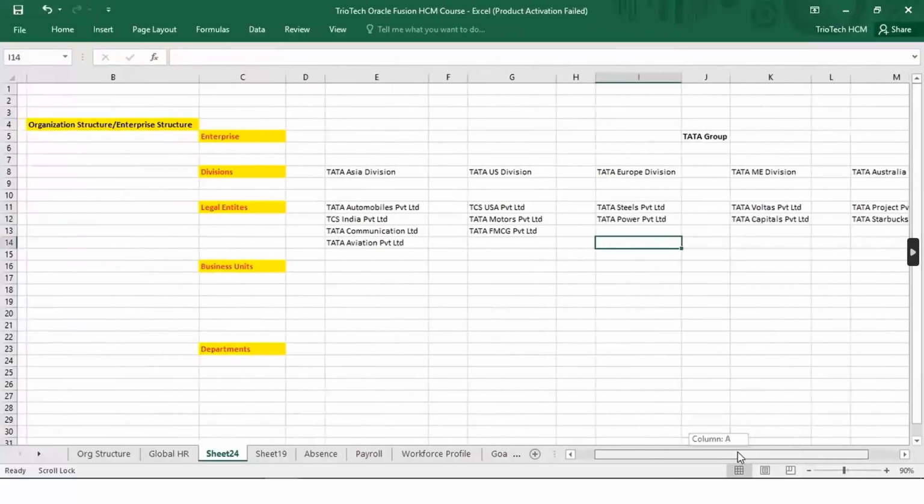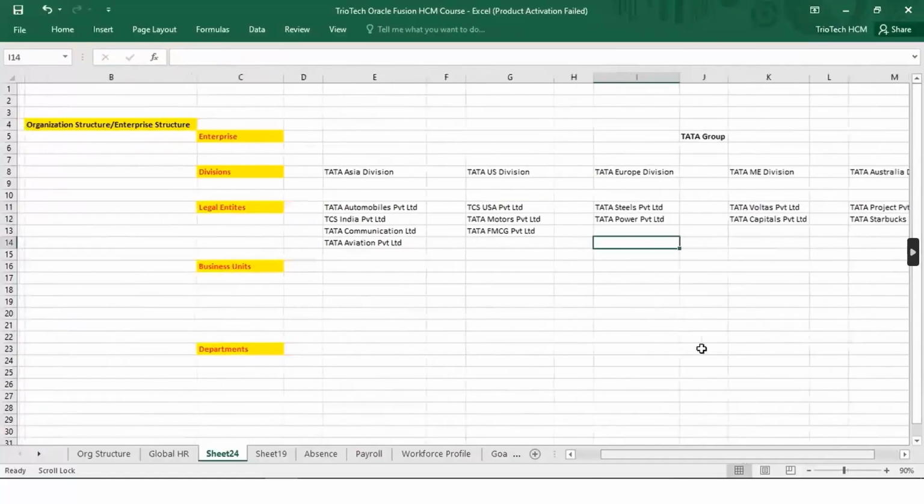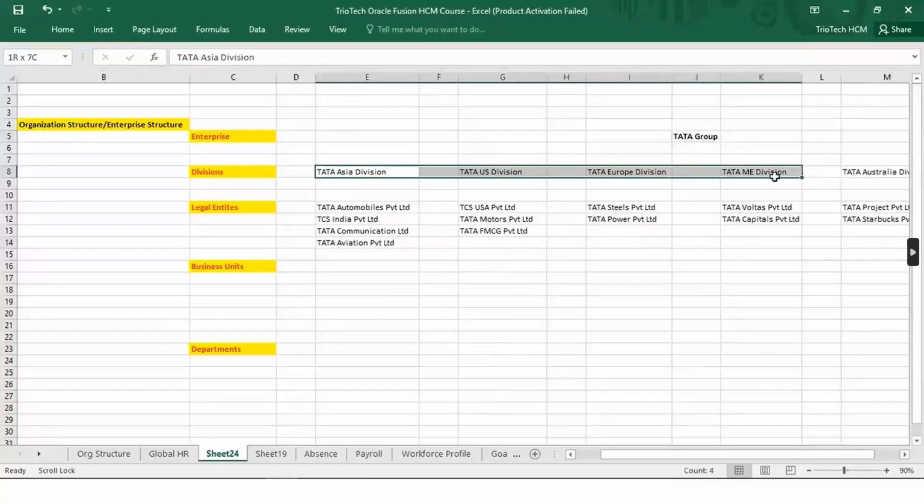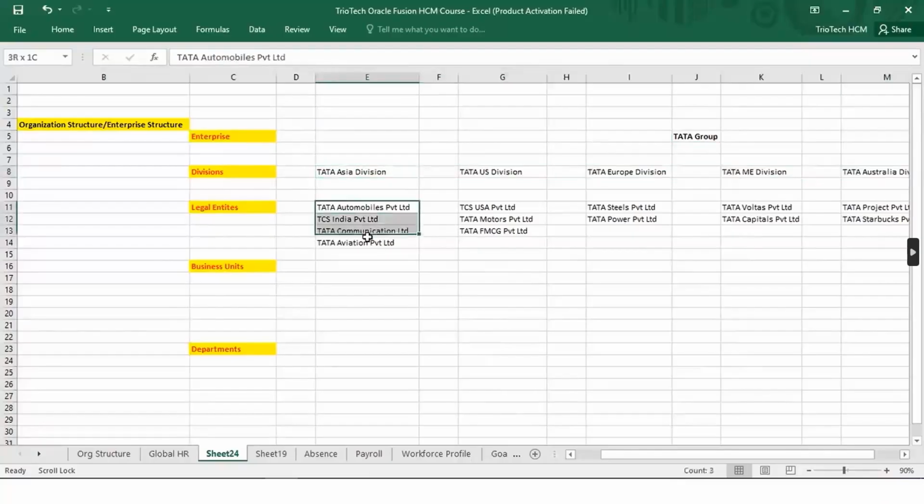So this is the enterprise that our client has, team. Under the enterprise of Tata Group, team, these are the divisions that our client operates in the globe. And under each division, these are the legal entities that our client has, team. In Asia division, they have these 4 legal entities. In US division, they have these 3 legal entities.